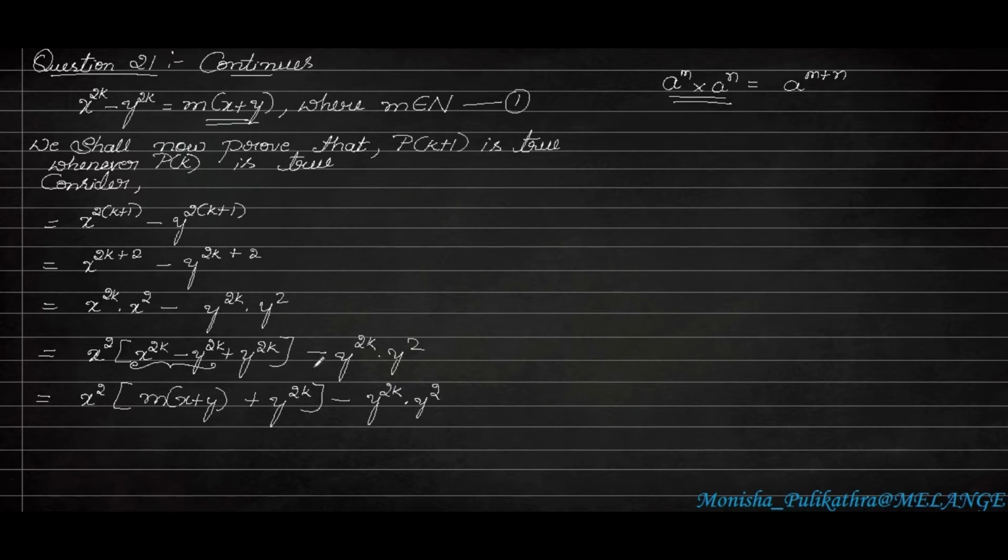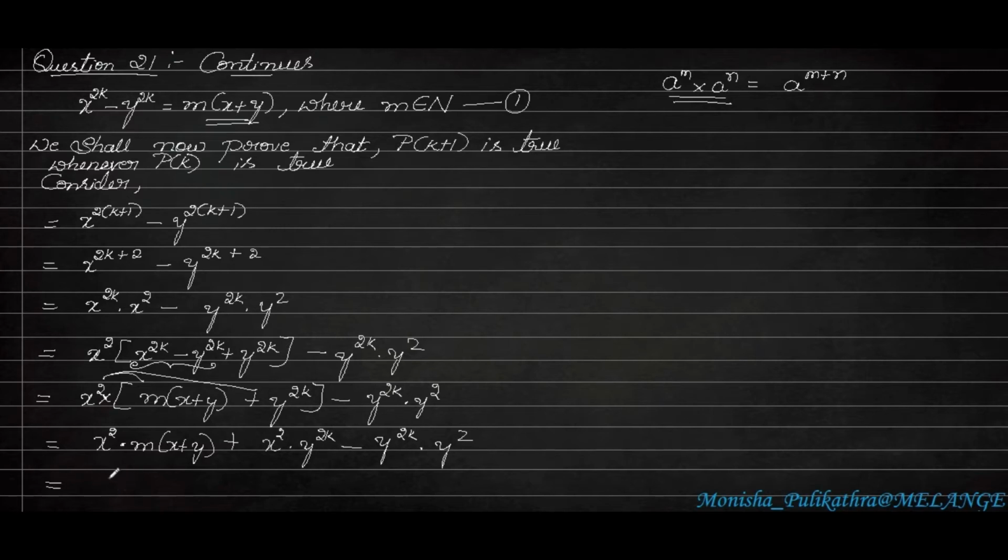Now this is in a multiplication form. Now we have to multiply x square to both the terms. So here it will become x square into m into x plus y plus x square into y to the power of 2k minus y to the power of 2k into y square.